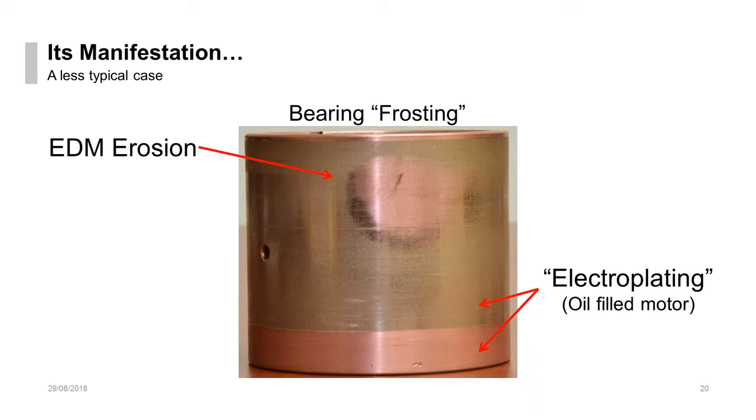Now here's a less typical case. This is coming out of an oil-filled motor from an electric submersible pump. I personally tore this one down and harvested some of the components because these are a really great example of what this type of problem can look like. Since this is oil-filled, the oil is partly a dielectric, and it's a lubricant as well.